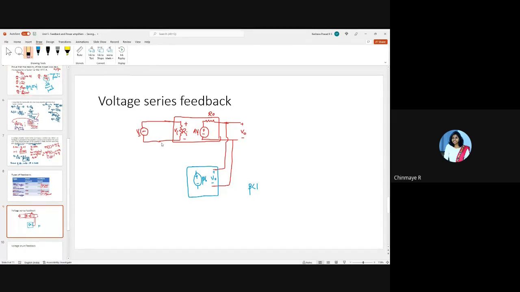So how do I feed it back? As I told you, we are going to feed it back in series. Okay, this entire thing got erased. Here you had a resistor, and now you have to feed that back in series.